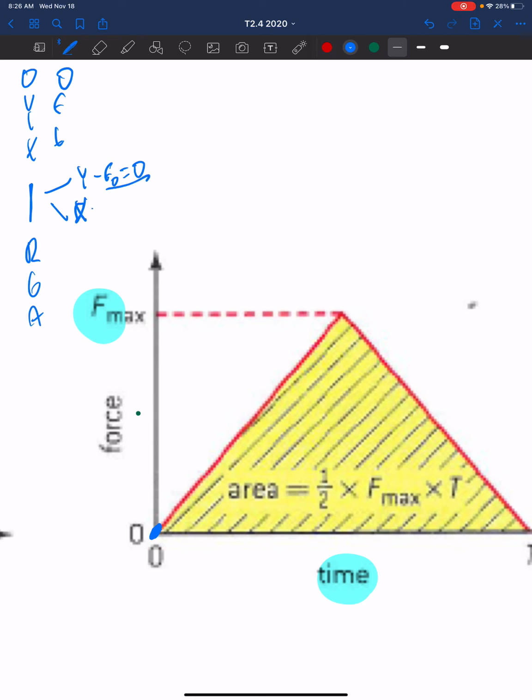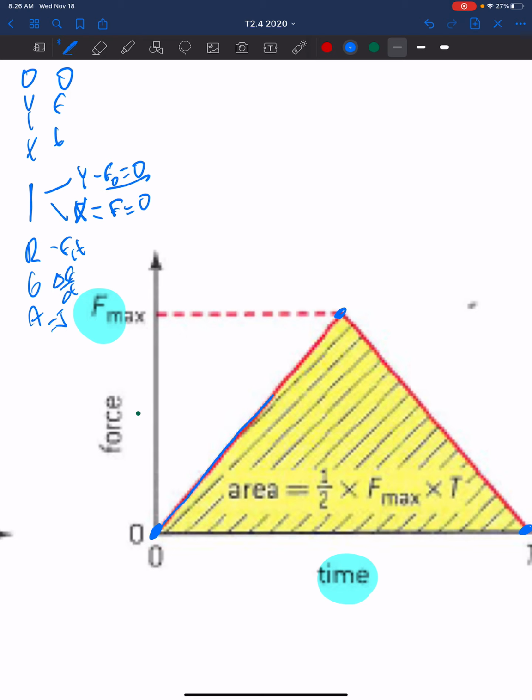And our x-intercept, there is a time where F does equal 0. It increases up to this maximum value at a constant rate, decreases down to 0 there. And so again, we can read force and time. The gradient is the rate of change of force, and the area is the impulse, J.